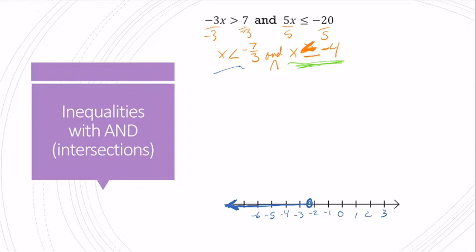Negative 4 is included. And I'm going to highlight everything to the left. So my intersection is where these two graphs overlap, which is going to be from negative infinity all the way to negative 4, with a square bracket, because negative 4 is included in my solution set.